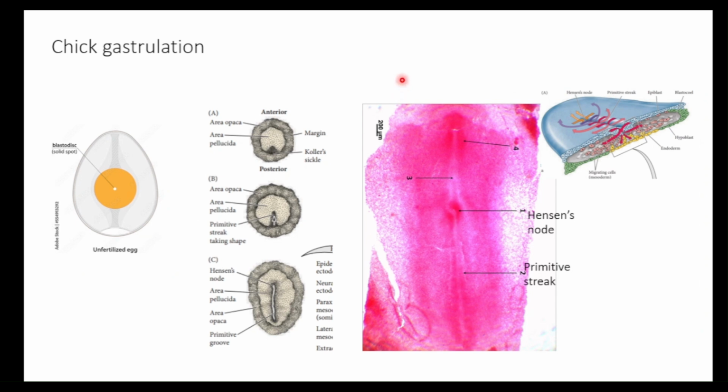In those with macrolecythal eggs, cleavage only happens within a relatively small spot, as I said, the blastodisc on top of the yolk. Kaya discoidal ang cleavage nila. The huge yolk also places constraints to gastrulation. Blastopore doesn't form. Instead, what they have is a primitive streak, which is formed as a thickening of the outer layer of cells.